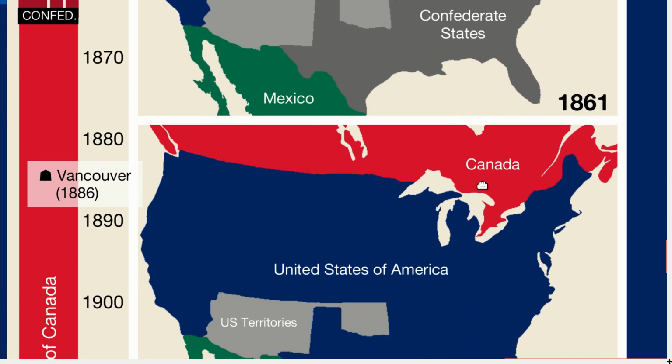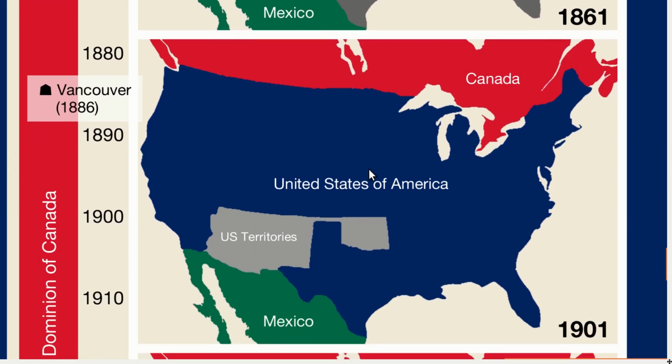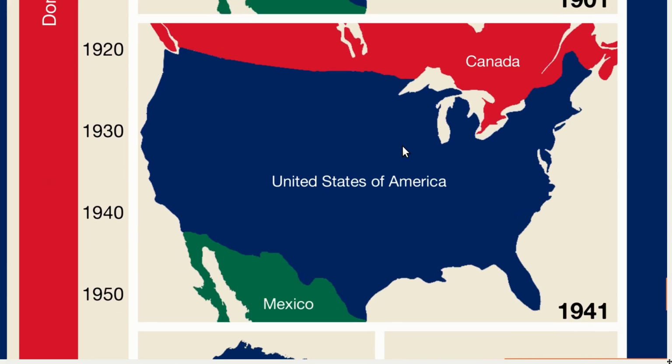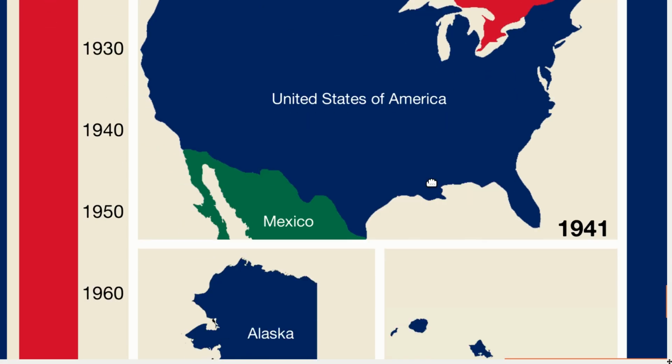So you can see by 1901, the U.S. looks almost like it looks like today. The only exception is that Arizona and New Mexico and Oklahoma are still territories, not states. But that would soon change. Also, British North America is now Canada. So Canada is actually a younger country than the U.S. By 1941, we have 48 states on the continent.